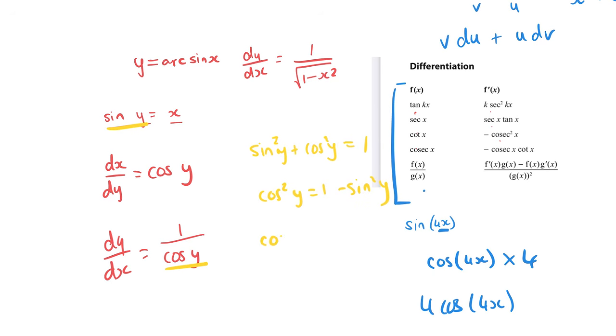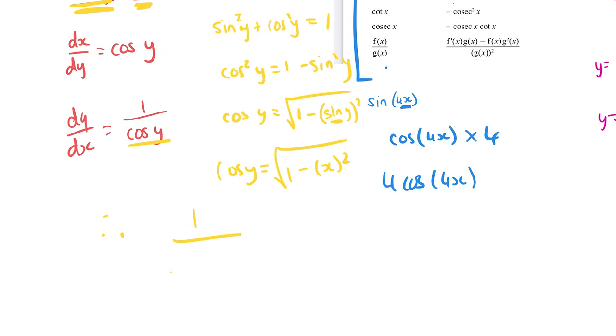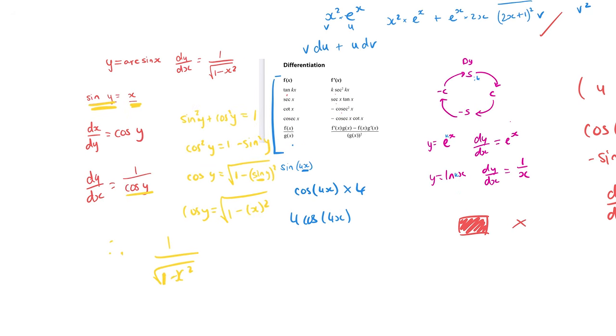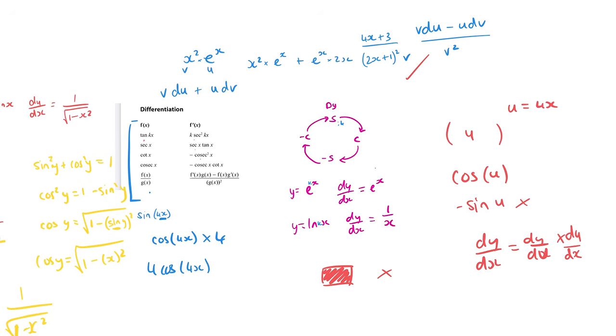So then cos y equals the square root of 1 minus sin squared y. But what is sin y? We said earlier, it's x. So therefore, 1 over the square root of 1 minus x squared. You have everything you need, you just have to show it. And they might give you a few other ones to do, so just watch out for any of those.